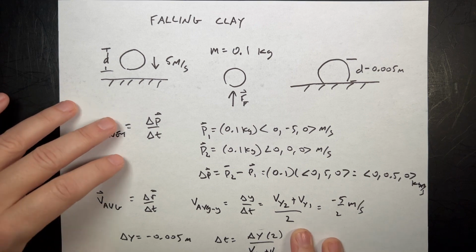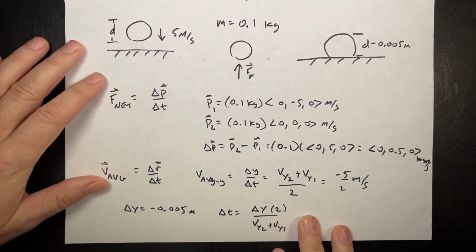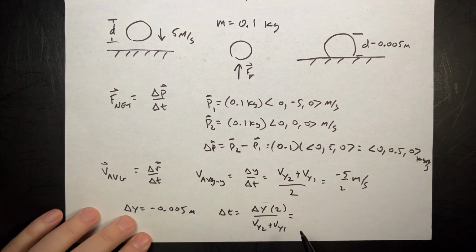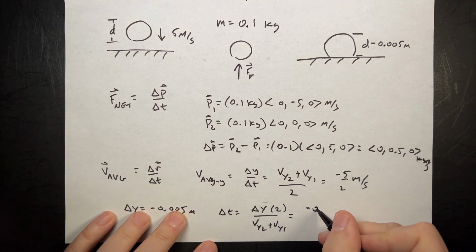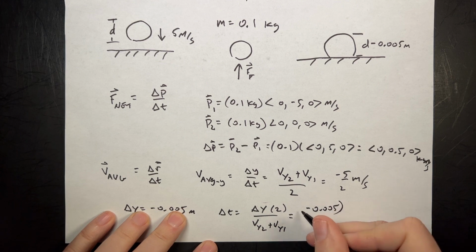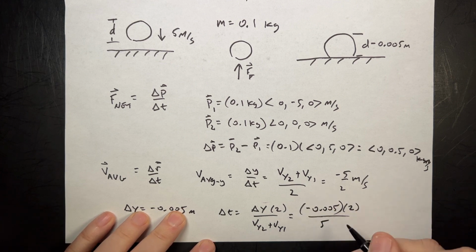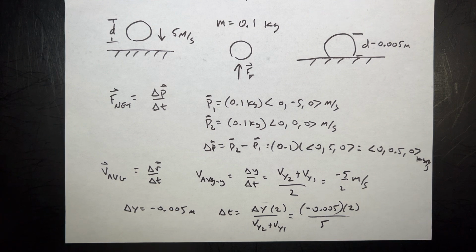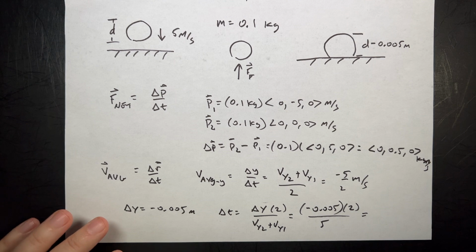I'm running out of room. I apologize, that's totally my fault, I didn't want to start a new page. So this is going to be -0.005, leaving off the units, times 2, divided by -5. That's the time of the collision.